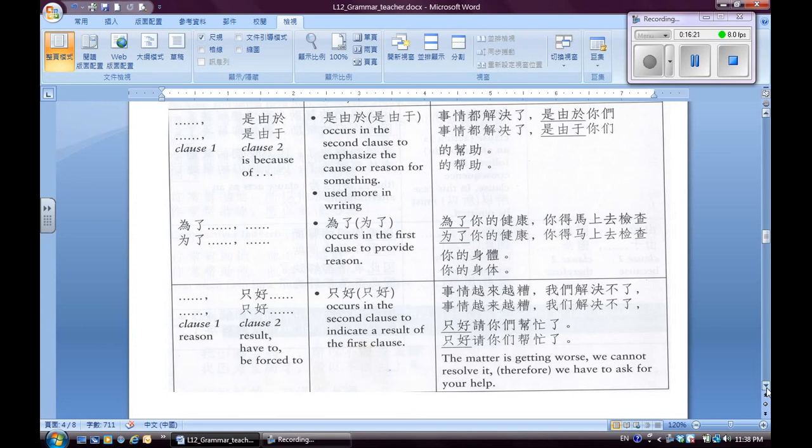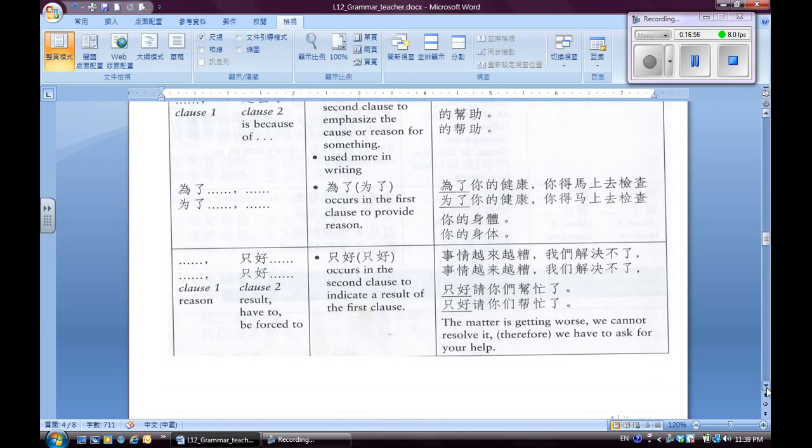Example here, 事情越来越糟, the matter is getting worse. 我们解决不了, we cannot resolve it. 只好请你们帮忙了, therefore, we have to ask for your help. Okay, so you have no choice because this is getting worse. It's out of control. So the only thing we can do is to ask for your help.